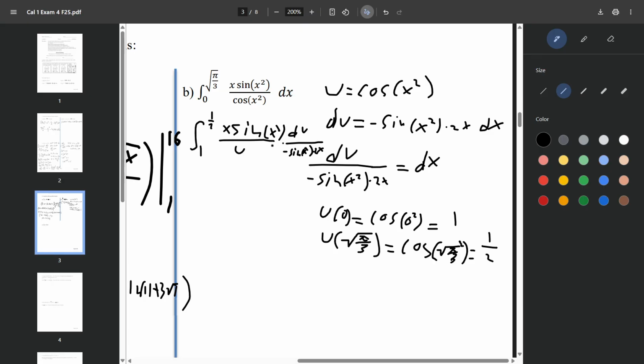So first things first, we're going to move our 1/2 to the front, and since we have to flip our bounds, we are going to multiply it by negative 1.